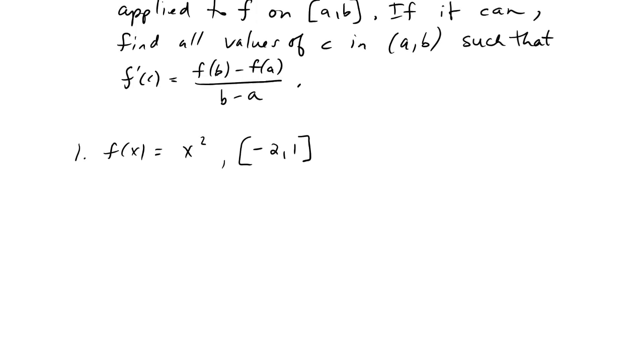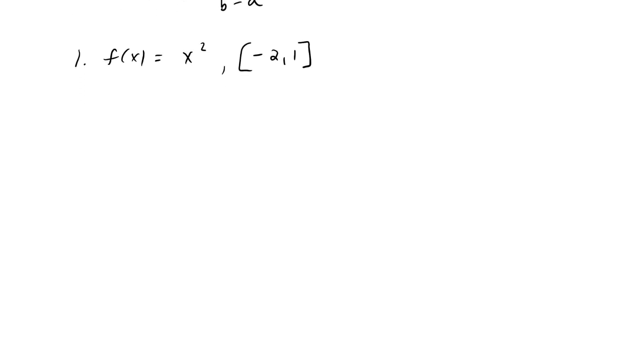Okay, so let's take a look here. We have to make sure of our two conditions. That's the first thing we must do. All right, so is f continuous on the closed interval [-2, 1]? Well, again, we're looking at x squared here, a nice polynomial, so it has to be.